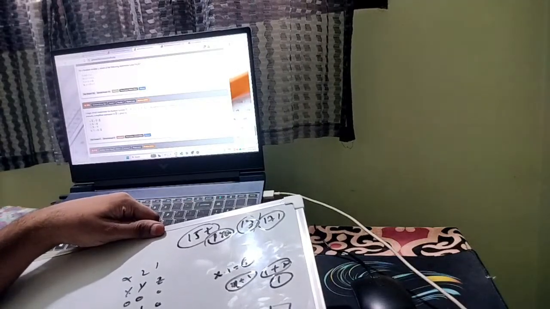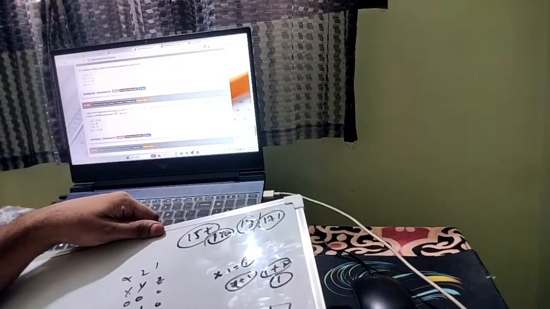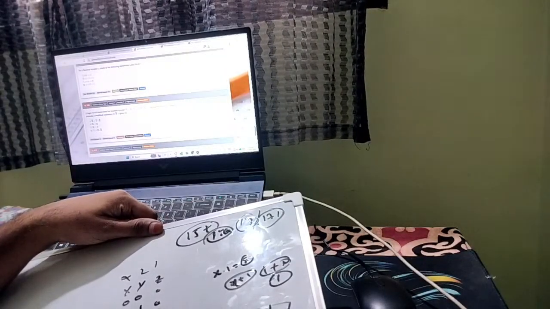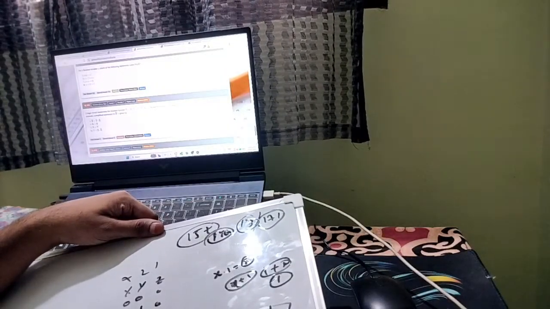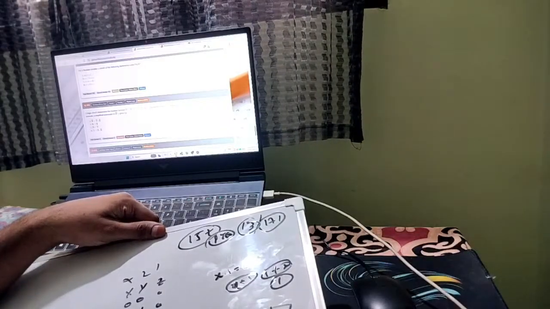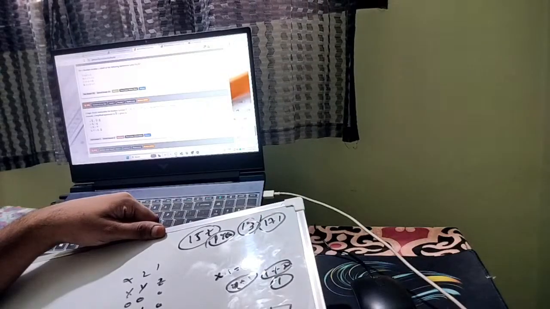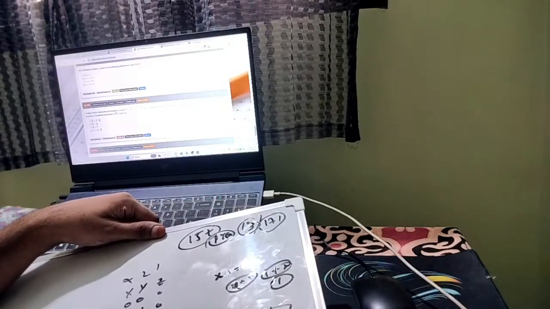So if we consider the K map, these three. K map with 3 variables: x, y, z. So 0, 1, 2, 3, 4, 5, 6, and 7. Firstly 0, 1, 2, 3, and 4, 5, 6, 7.